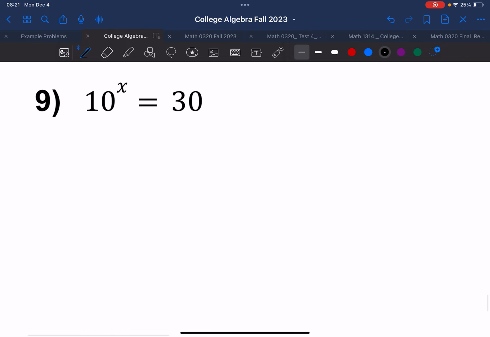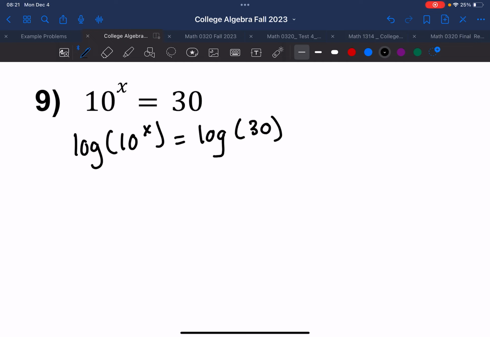So on number 9, we have 10 to the x is equal to 30. So since we have that 10 to the x, in order to get that x out of the exponent, we're going to use the inverse, which is log. So I'm going to take the log of both sides, just like I was doing in the concept above. Okay, the log and the 10 cancel.